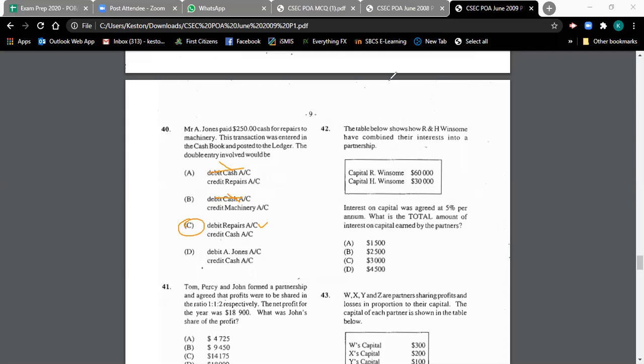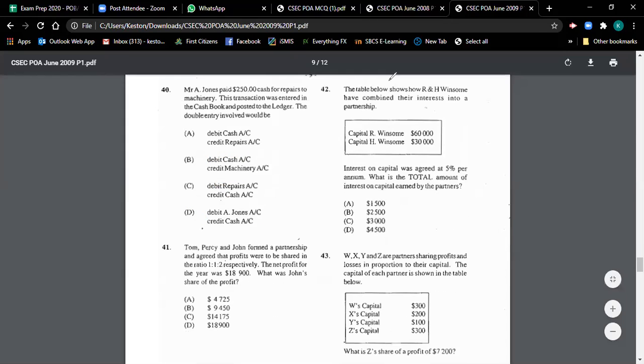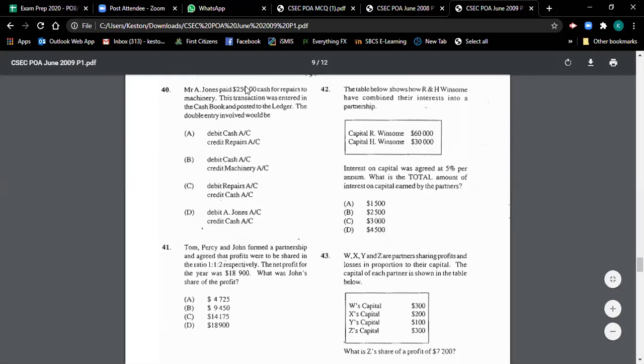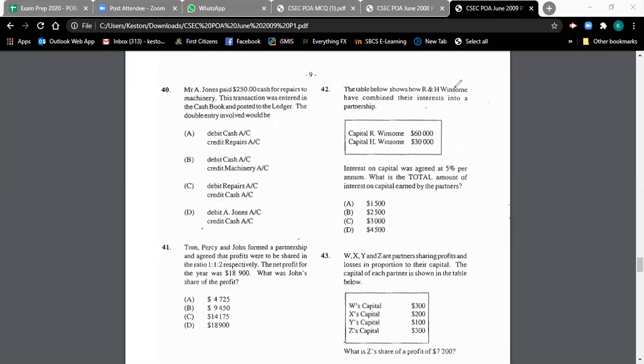41. Tom, Pussy, and John share profits 1 to 1 to 2. 18,900 net profit. How much is John's share? You'll see this one already. B. Very good, Avisha. 42. The table shows how R and H Winsome have combined their interest into the partnership. Interest on capital was agreed at 5% per annum.